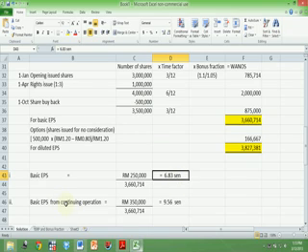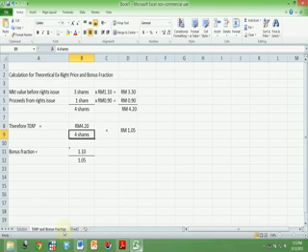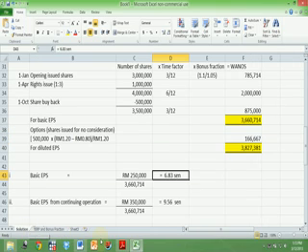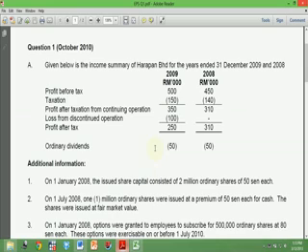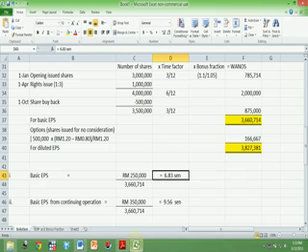Basic EPS from continuing operation is 350,000 divided by the weighted average number of shares.